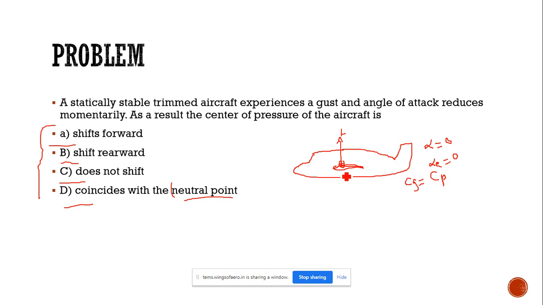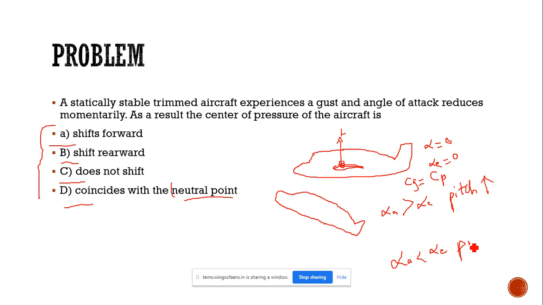When the angle of attack increases, that means the aircraft is pitched up. Yesterday itself we have seen that when the angle of attack is increasing, that is alpha A greater than alpha E, the aircraft pitches up. When the angle of attack is decreasing, that is alpha A less than alpha E, then the aircraft pitches down.